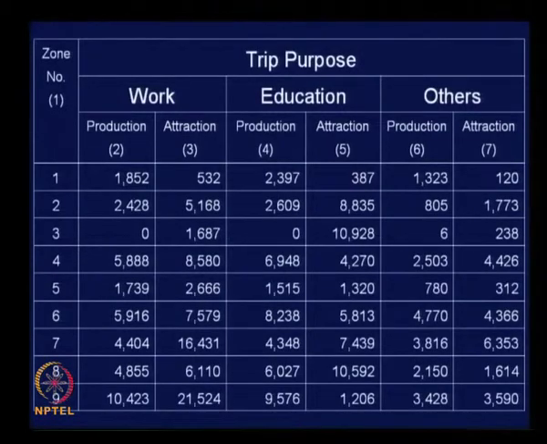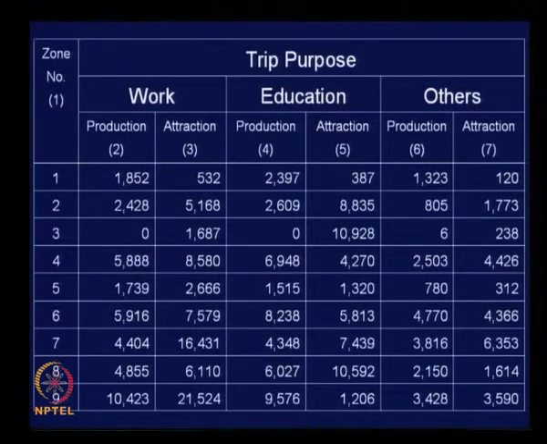This is the data of trip production and attraction in the base year within the municipal boundary. You can see some interesting numbers. If you look at zone 3, there is no trip production for work; there is no home or household from where people go for work from this particular zone.